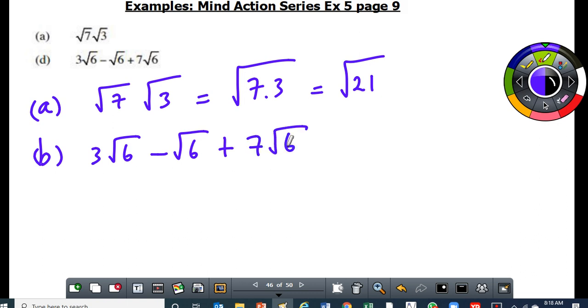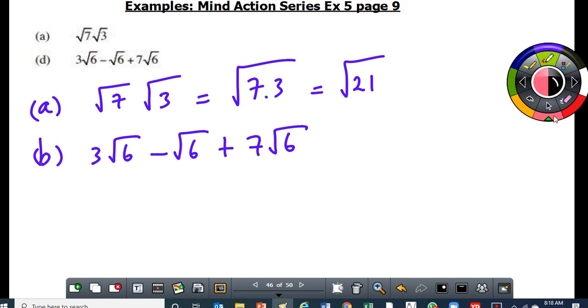Then B, we have 3 square root of 6 minus square root of 6 plus 7 square root of 6. Now, this one, we have got both addition and subtraction of surds. So, you need to be aware that when you are adding or subtracting surds, it's more like how you do it in algebra when you group the like terms.